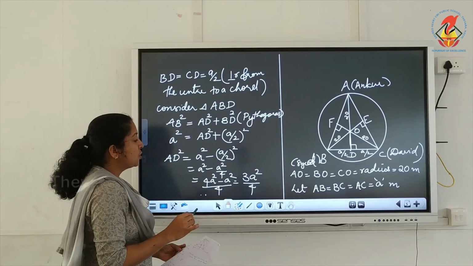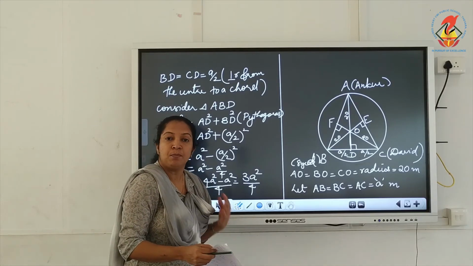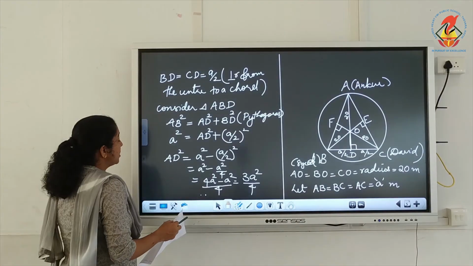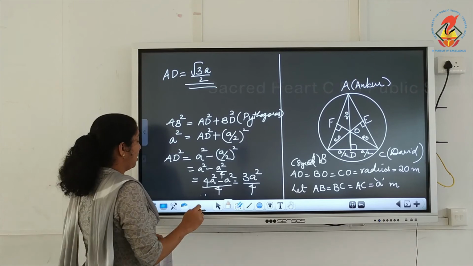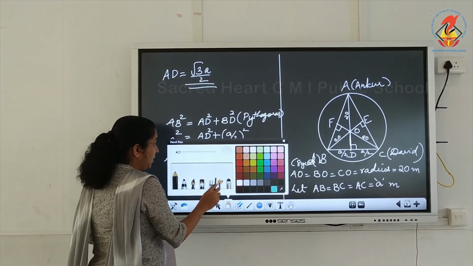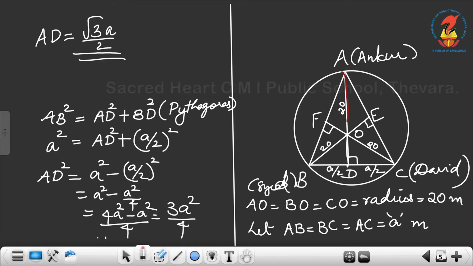If AD square is 3a square by 4, what about AD? So AD is equal to root 3a by 2. We got AD as root 3a by 2. That means the total length AD is root 3a by 2.